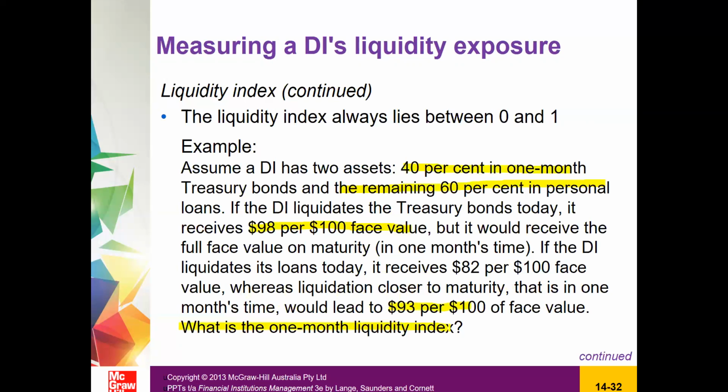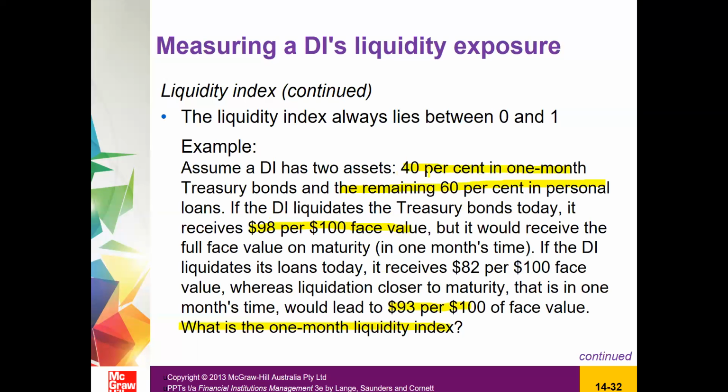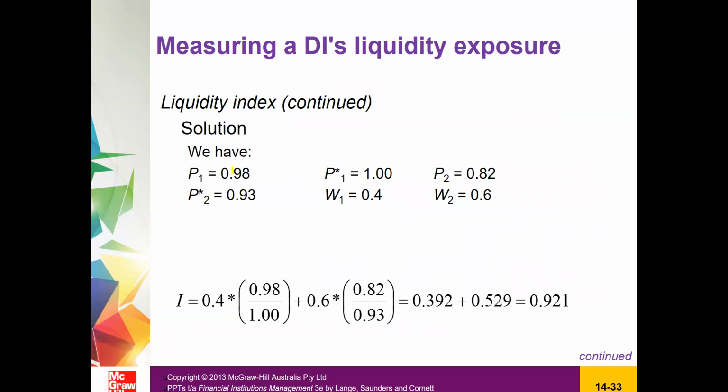So what is the 1 month liquidity index? You can see that for the first asset, which is a treasury bond, the financial institution receives $98 per $100. So this is 0.98, which is the immediate sale price, and 1 is the fair value after 1 month.